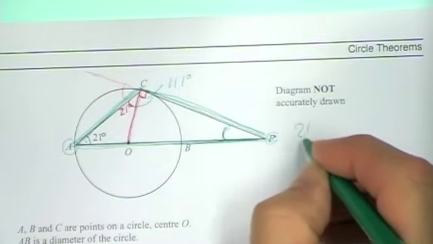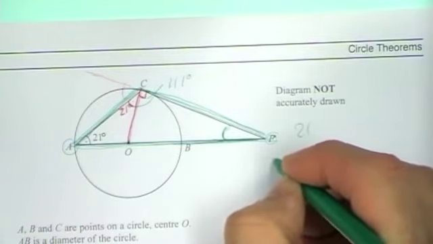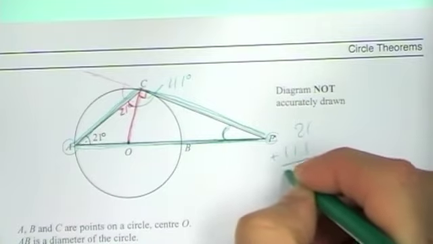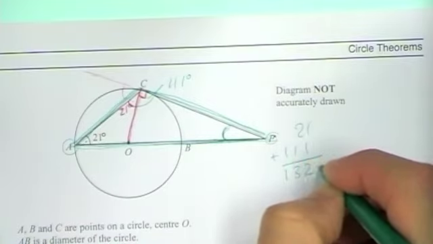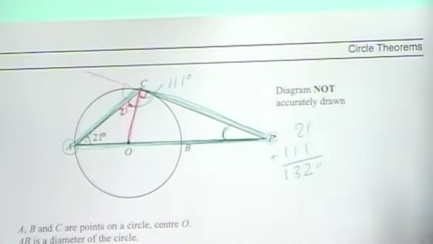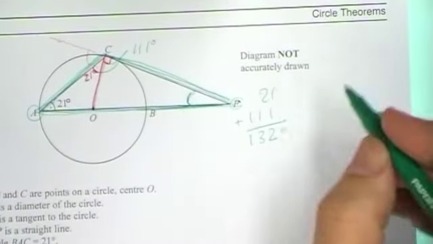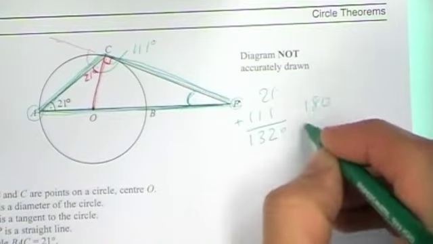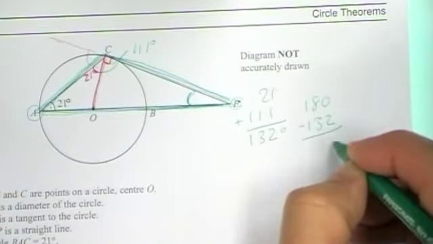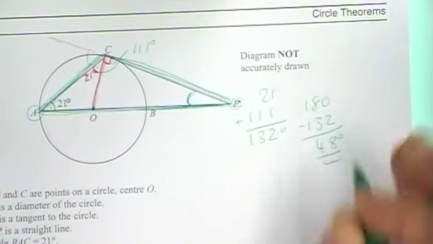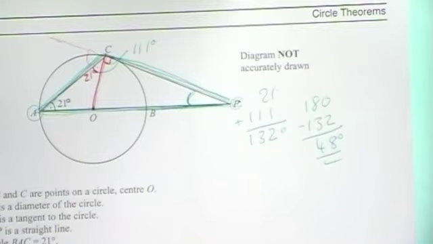So 21 plus the 111 makes 132. So since this is a triangle, APC, the missing angle, must be 180 take away the 132, 48 degrees.